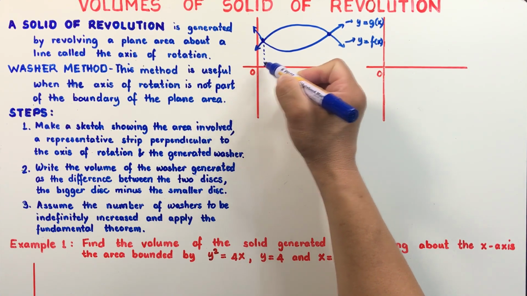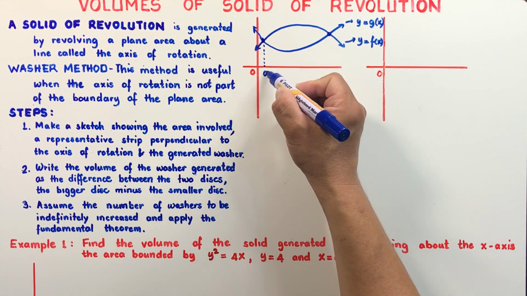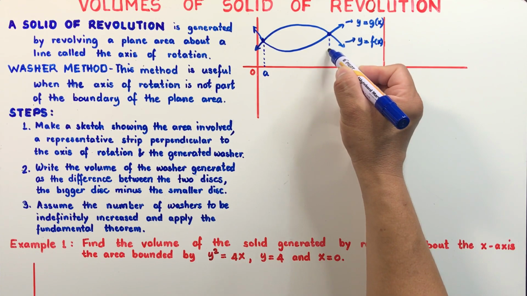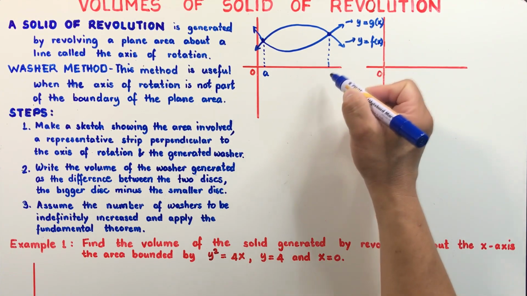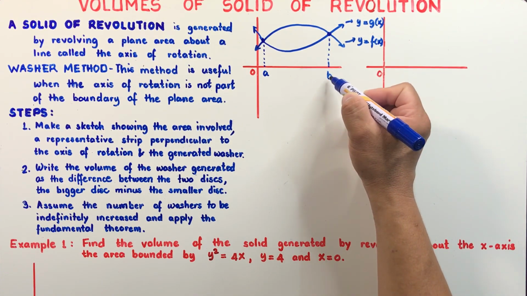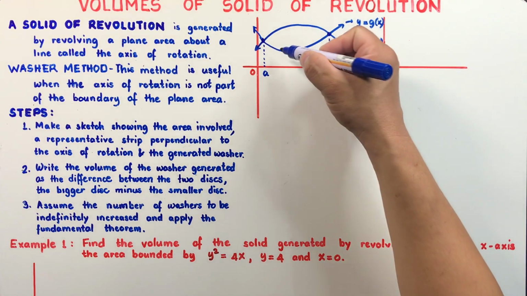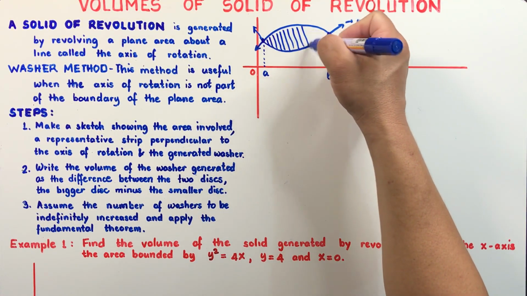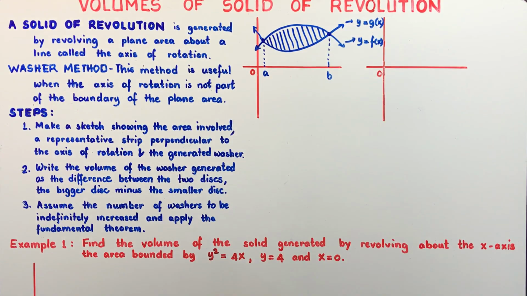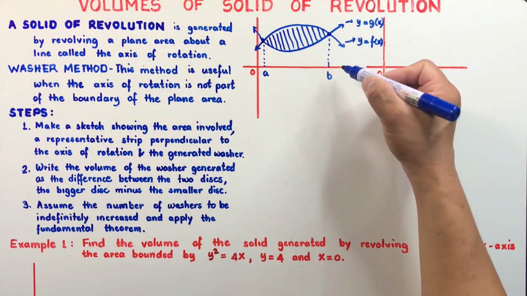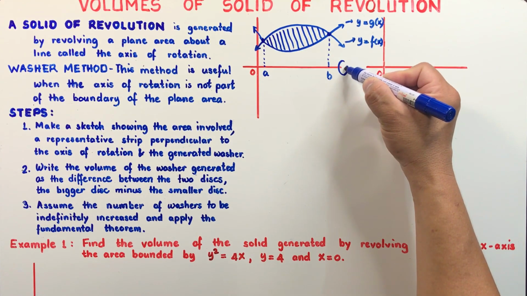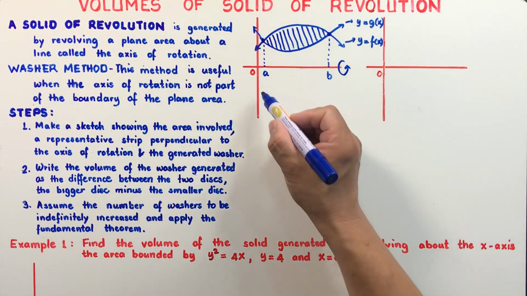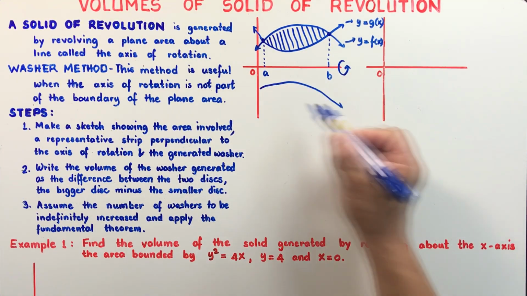Say the first point has an x-coordinate of a, and the second point has the x-coordinate b. And these two curves enclose a region, this one. So if we rotate this plane area about the x-axis, we form a solid like this.